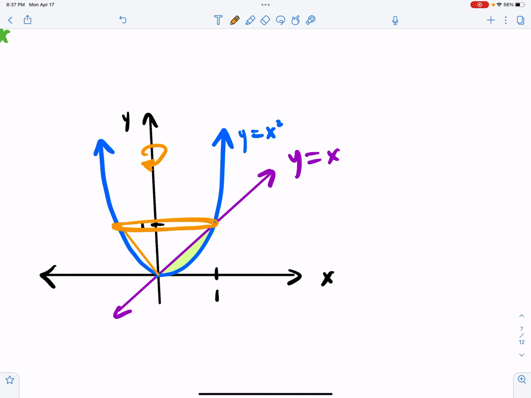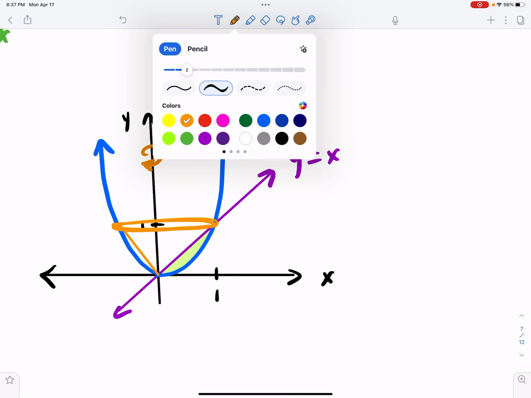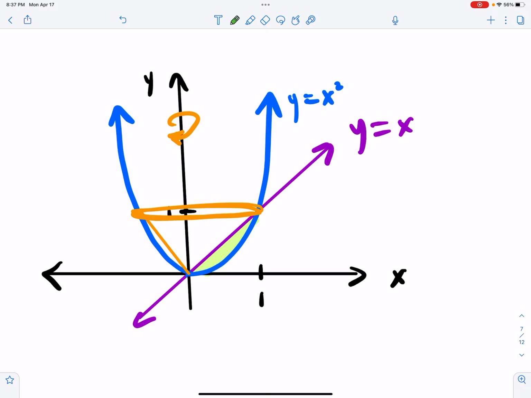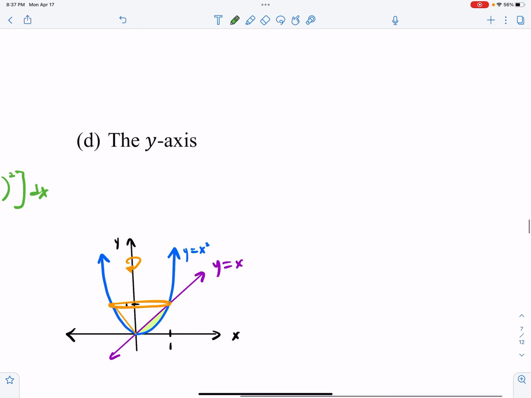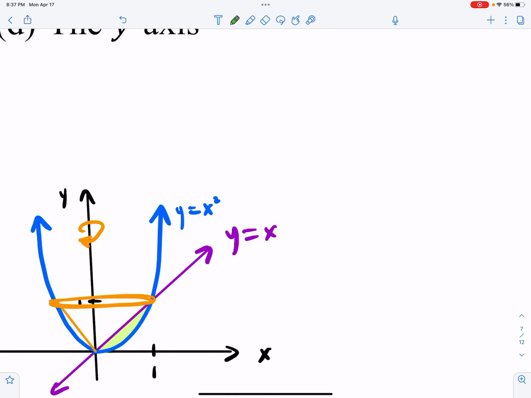They intersect at the point (1, 1), so that means we'll be integrating from 0 to 1, right, because we're thinking y values, bottom to top. We're in terms of y, so we need this equation to be in terms of y. So we'd have x equals plus or minus the square root of y, but for coming up with big R and little r, we only need the positive. We don't actually need the negative.